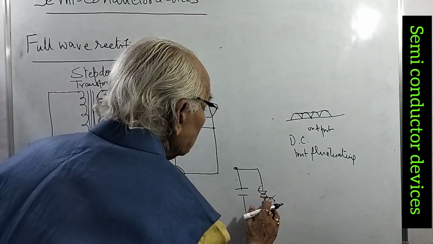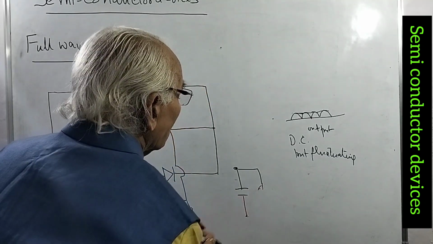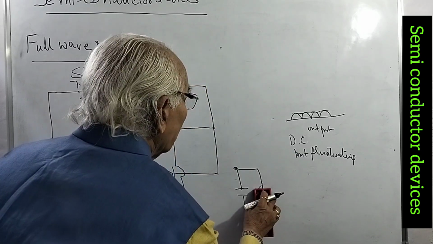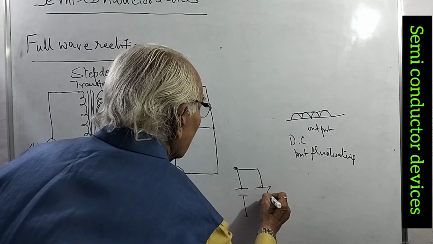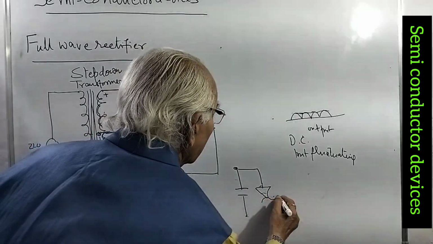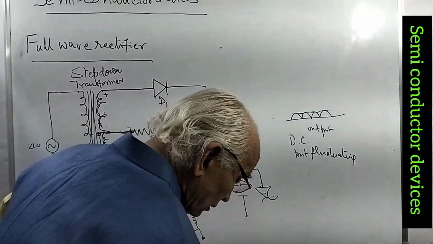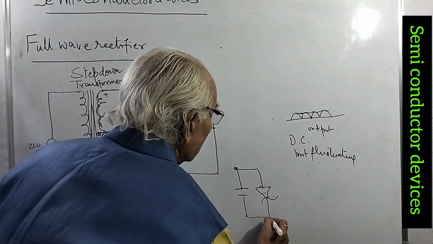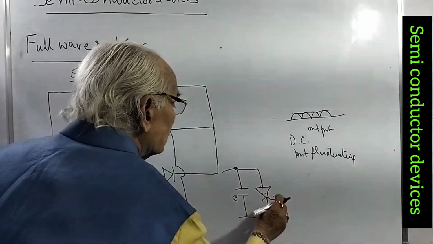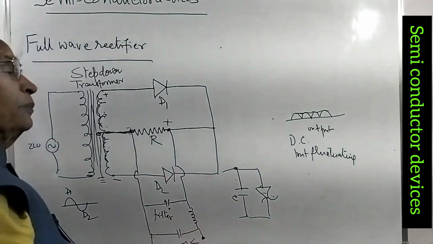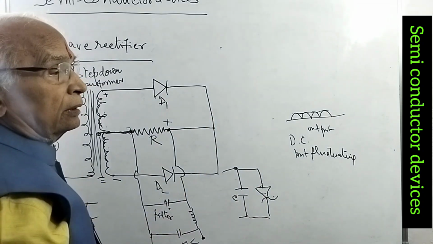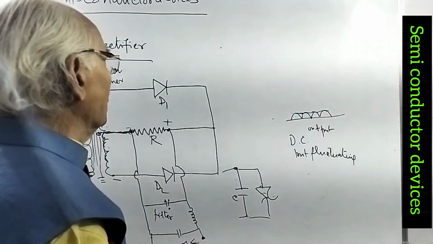This is the symbol for the zener. So this gives the zener action. This constant voltage from the filter C is connected to this zener. The zener gives constant voltage because at the breakdown voltage, the voltage remains almost constant. A 6 volt zener, or 12 volt zener, 9 volt zener.